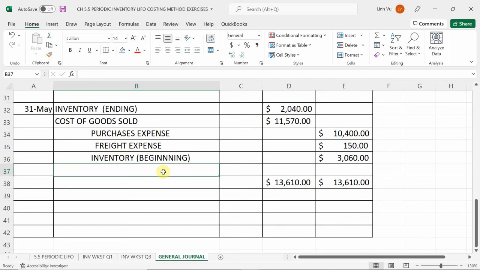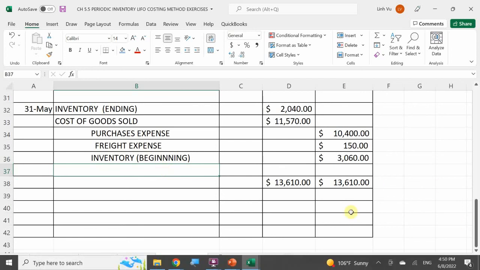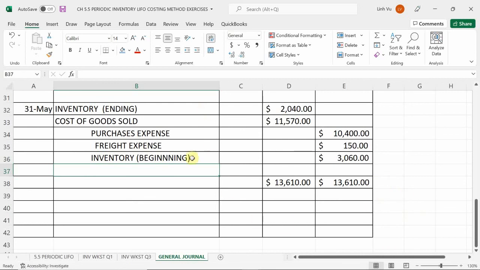So if you were to go ahead and zero out your purchase expense and your freight expense first, then whatever remaining you have left in your beginning inventory is going to transfer into your ending inventory. So in this case, that's exactly what we have to do, is recognize that we had beginning inventory, and that's going to be something that you're going to use as a credit because you're essentially taking out and emptying out your beginning inventory as well. That's part of your total goods available.